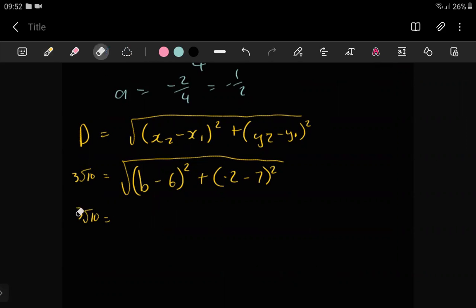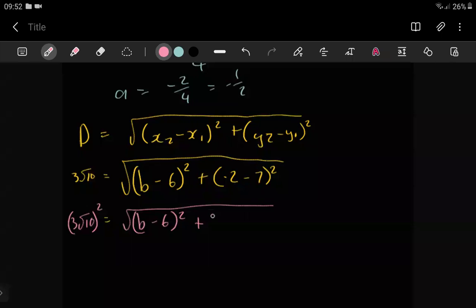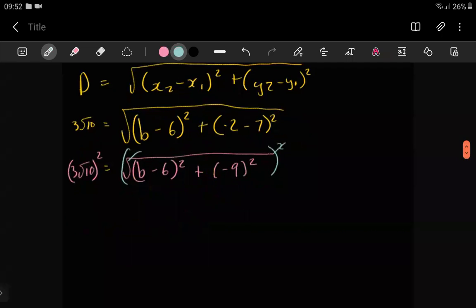The next step here, we might as well just square both sides. -2 minus 7 is going to be -9, and if we square that, the square root is going to be cancelled out.